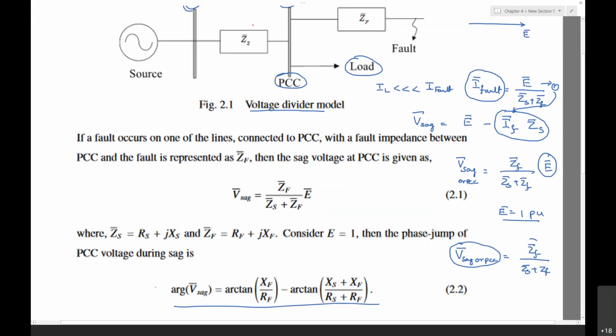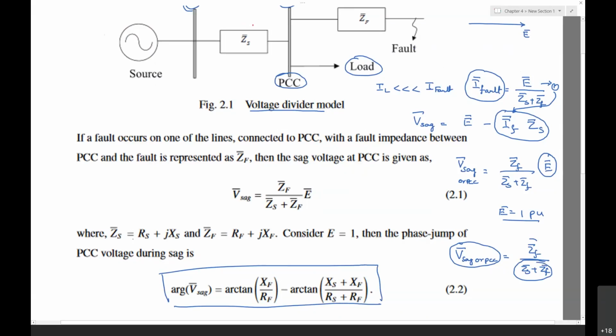It is this particular equation: tan inverse of XF by RF minus tan inverse of XS plus XF by RS plus RF.